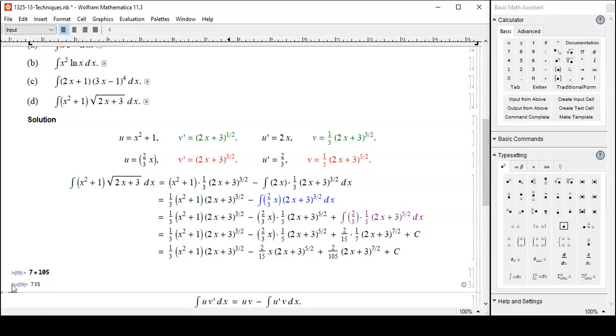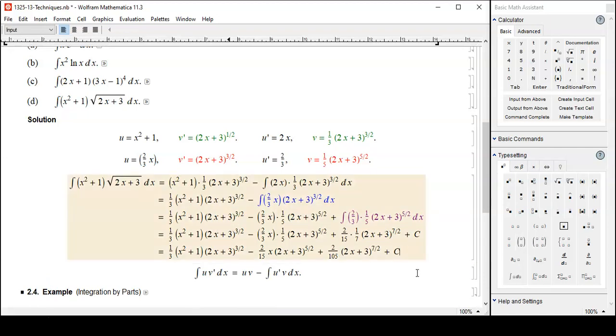Seven. Sorry, previous computation was right. My mental math was right, and then my typing in was wrong. Sometimes that happens. Usually the other way around, but this time it happened that way.